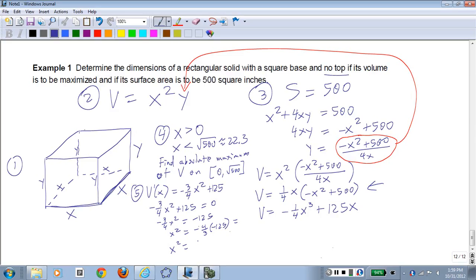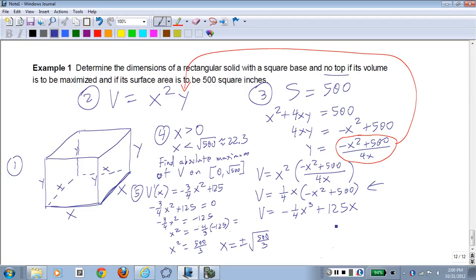I guess I could write it as 500 thirds, but that's what it is. X has to be positive. X can't be negative, so x is going to be the positive square root of this. So x in general would be plus or minus the square root of 500 thirds, but of course we can't use the negative one. So the only meaningful critical number is the square root of 500 thirds, and I believe that's the value of x that we want.